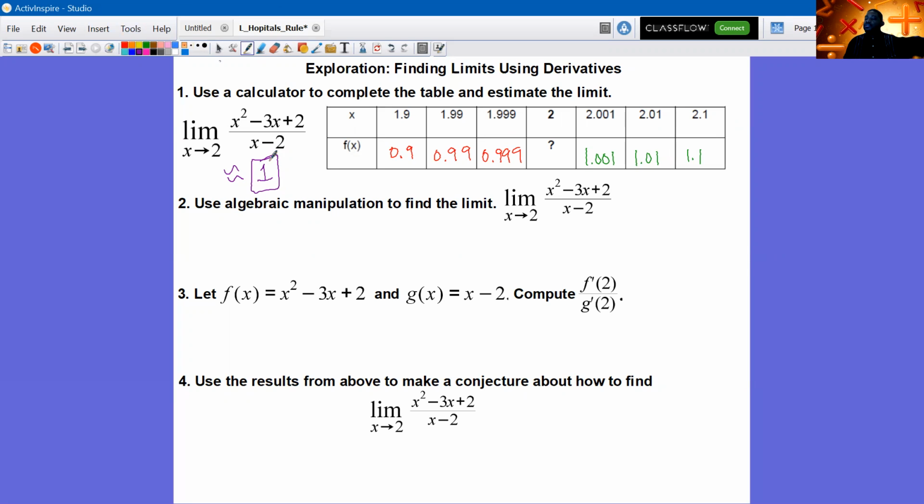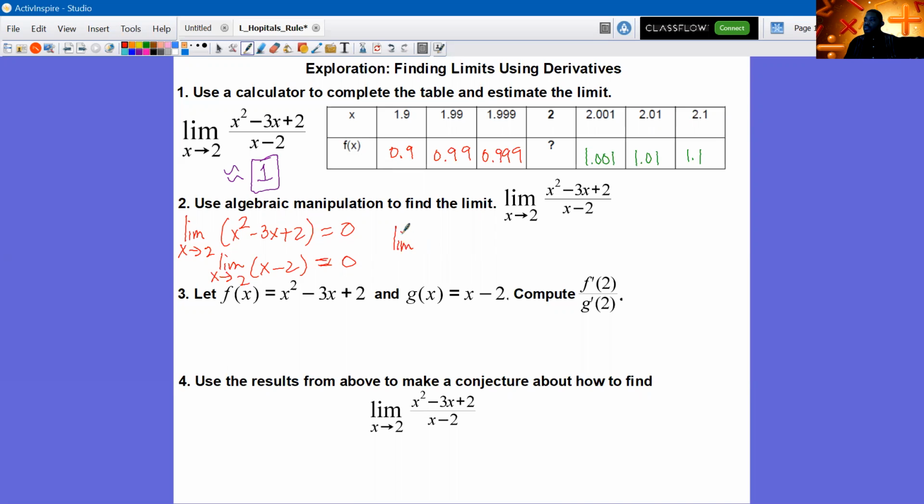Next, for part 2, it says use algebraic manipulation to find the limit. What I'm going to do first is check my numerator and denominator. What you notice is both numerator and denominator are 0 when you plug in the 2's.